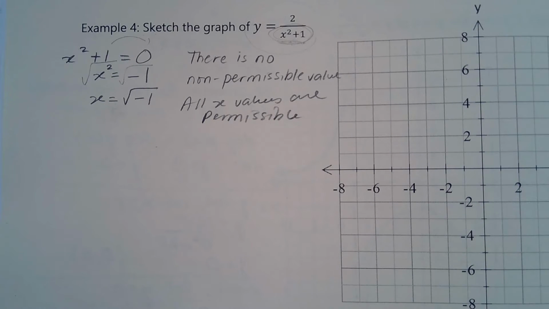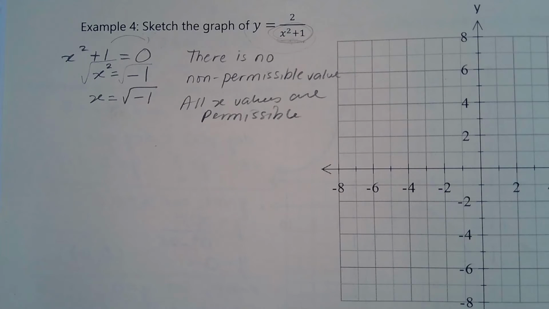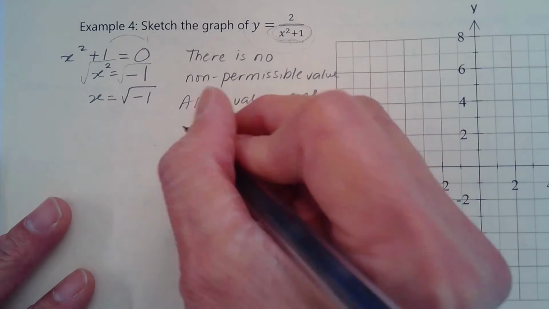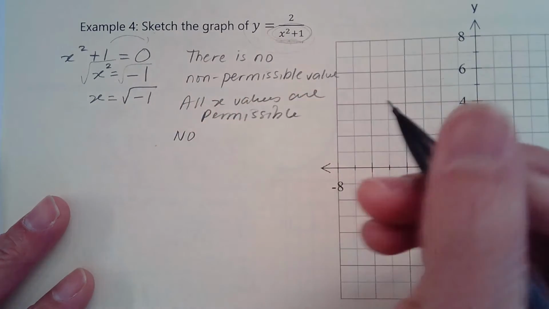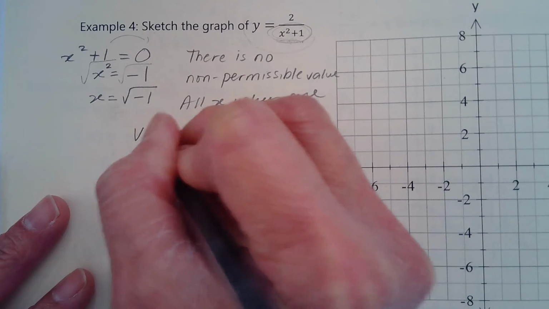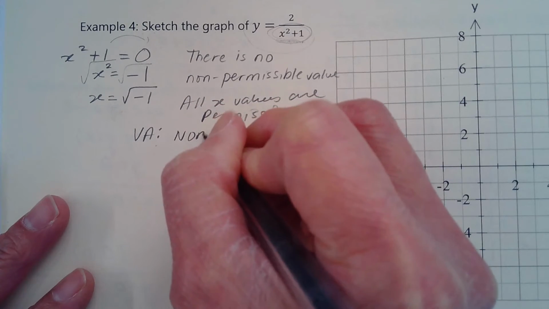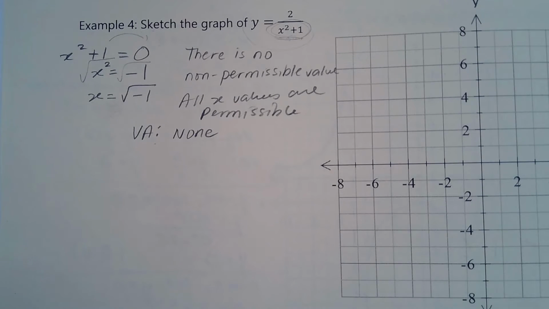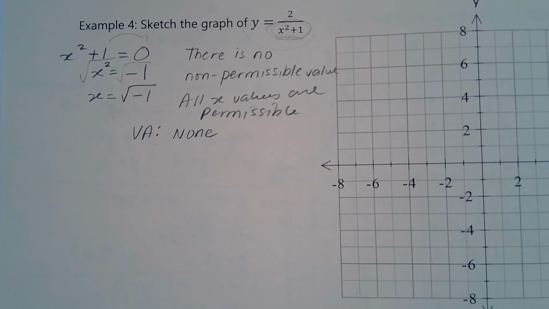So that means no vertical asymptote, right? Because all x values are okay. I'll just put VA, none. Okay, well, if there's no non-permissible value, then there's no hole, then there's no vertical asymptote.